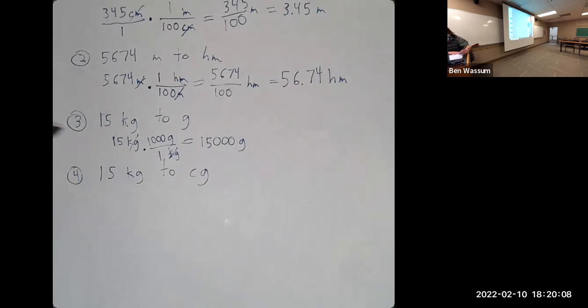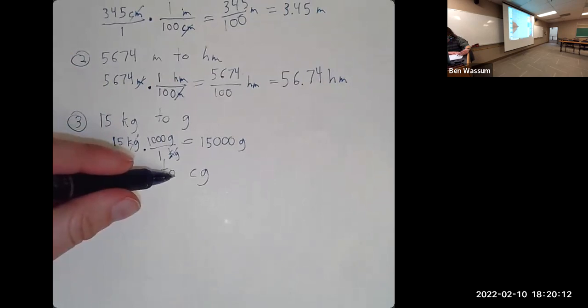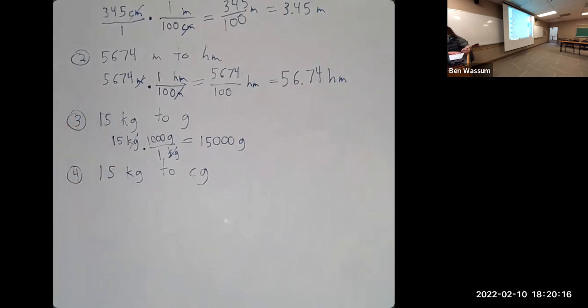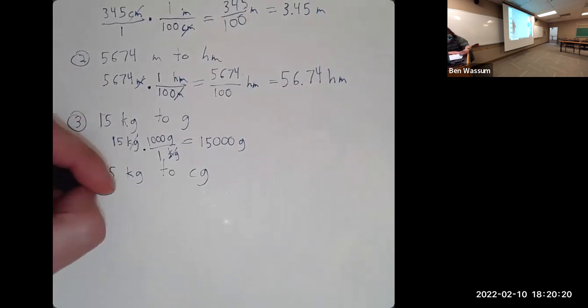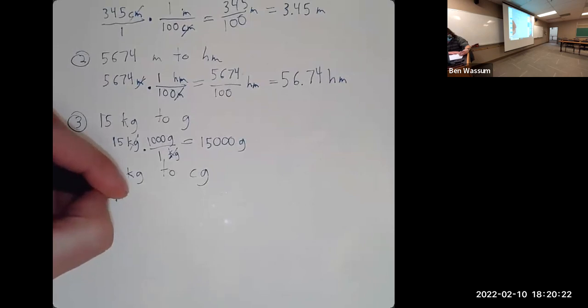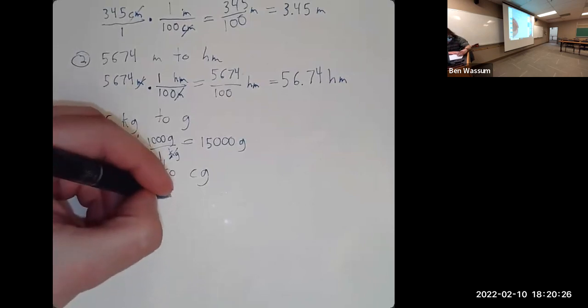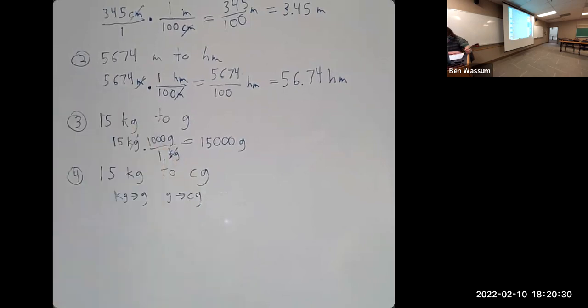Okay. So now we have 15 kilograms to centigrams. Well, based on the units sheet that we have, or at least the slide that we have, we know that we can go from kilograms to grams, and then we can go from grams to centigrams. So we would have to do this one in 2 steps.